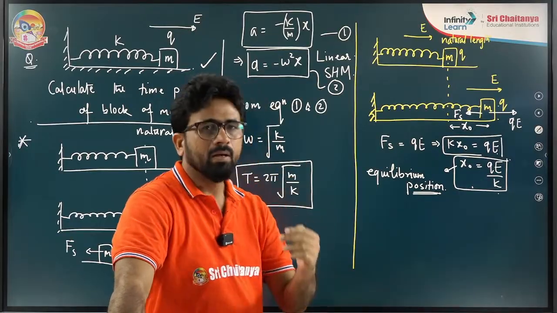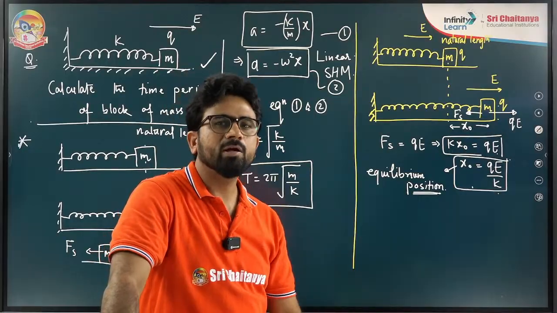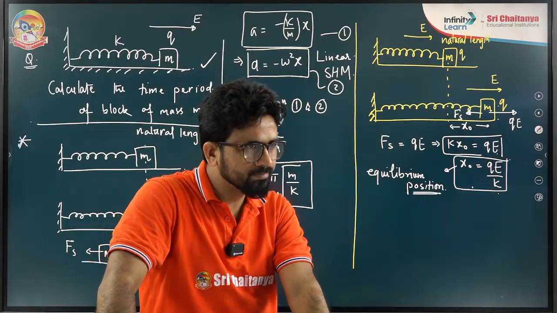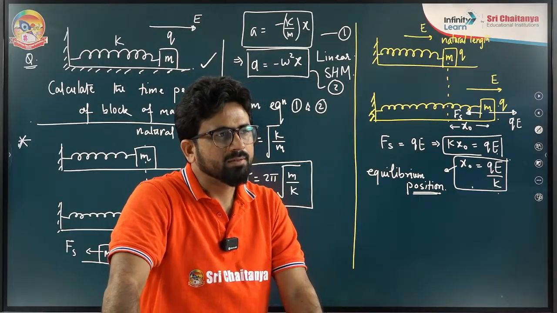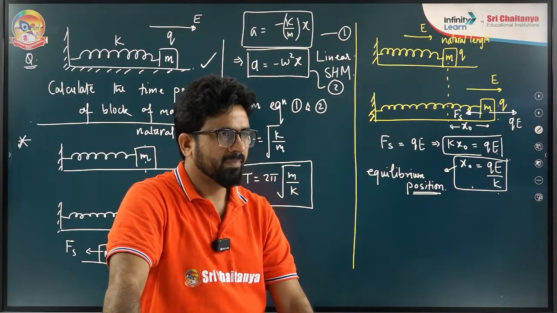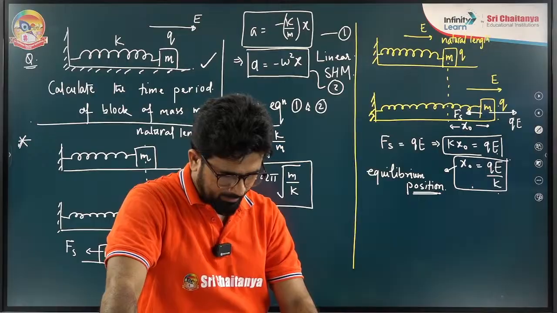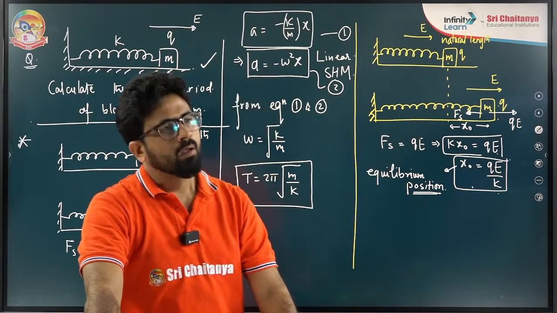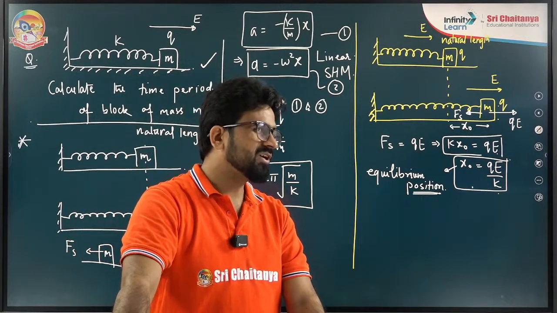Statement 2: natural length of a spring may or may not be an equilibrium position. Which statement is correct, 1 or 2? Chandana, Mandeep, Sudhakar, Swati, please reply, beta.